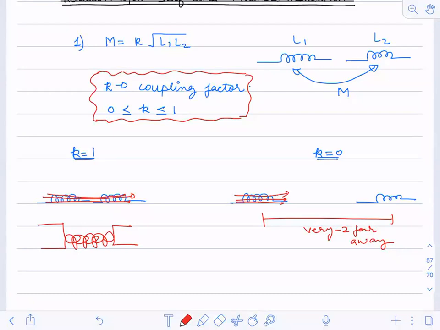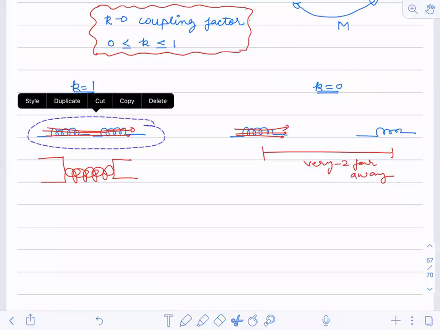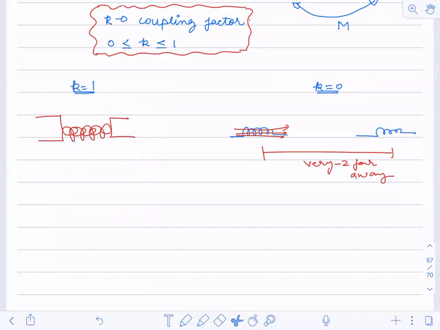Now one more thing may be asked: for coupling factor to be 1, this is the necessary orientation of the two coils. What is that? Coaxial coils. So coaxial coils will have coupling factor 1. Two coils kept very far away will have coupling factor 0.